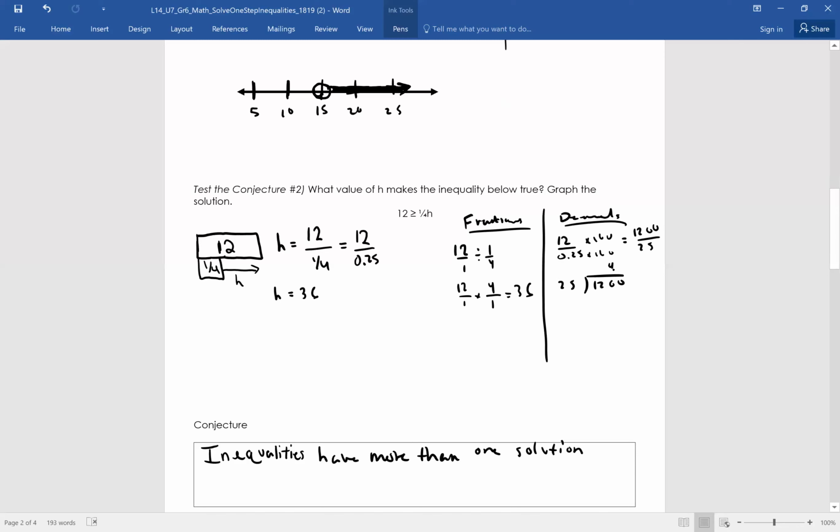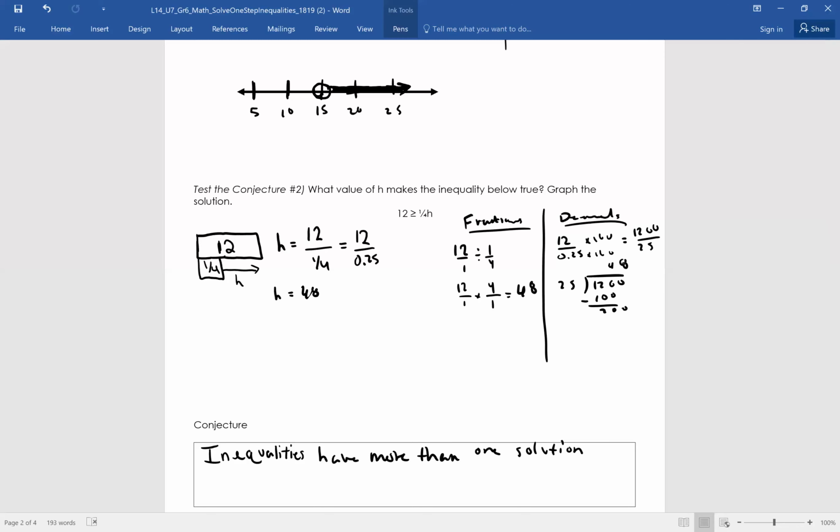Oh, wait, did I do something wrong? Oh, guys, yep. That's not supposed to be a 36. It's a 48. My mistake. So 4, which makes it 108. Okay, so we just verified that it is 48.